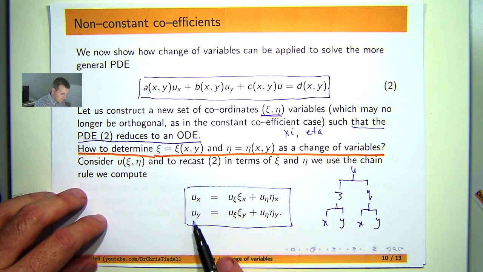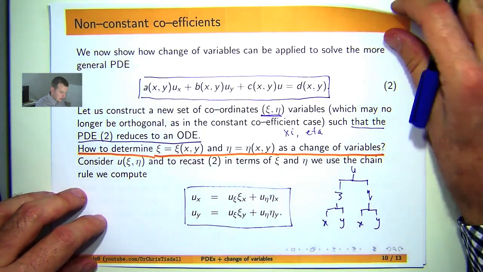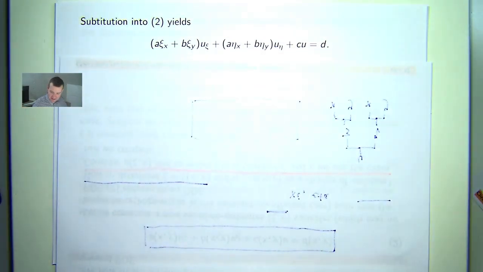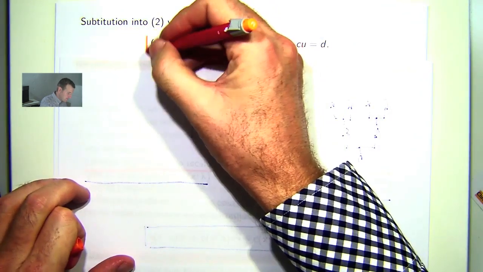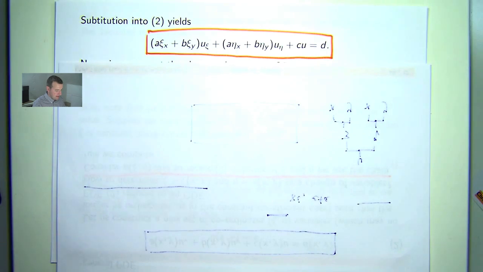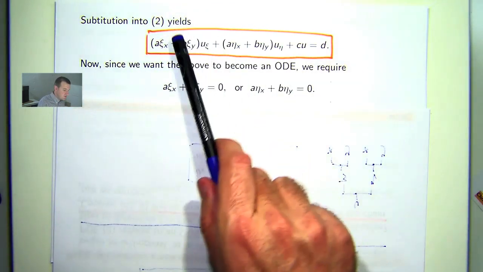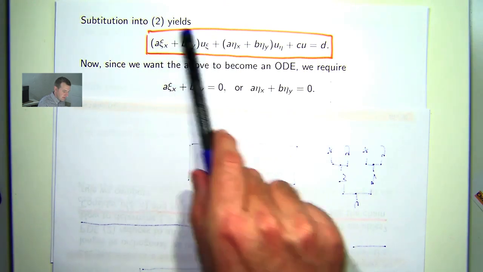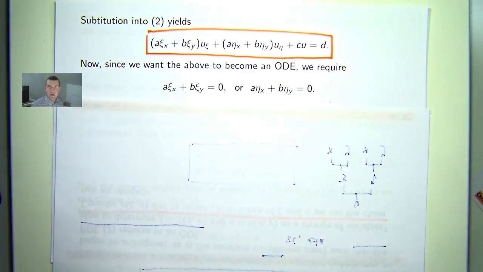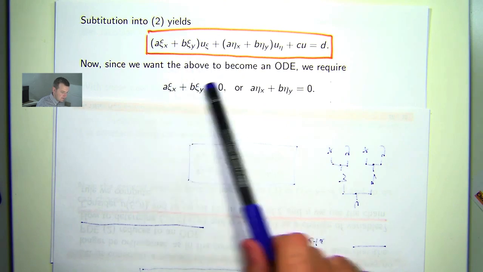Now, if we take these derivatives and substitute them into 2, then we get something that looks more complicated. But remember, our aim here is to simplify everything. Now what I'm going to do is choose either this coefficient to be 0, or this coefficient to be 0. So let's work with this one and forget about that one.